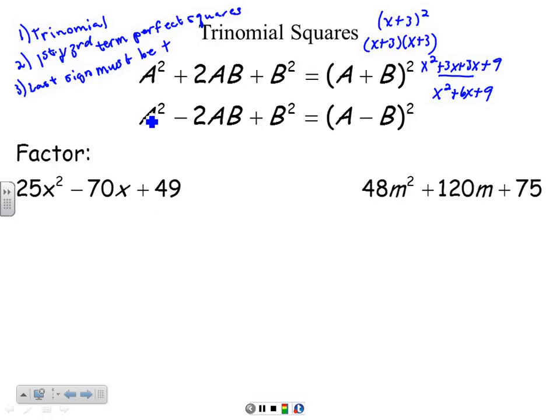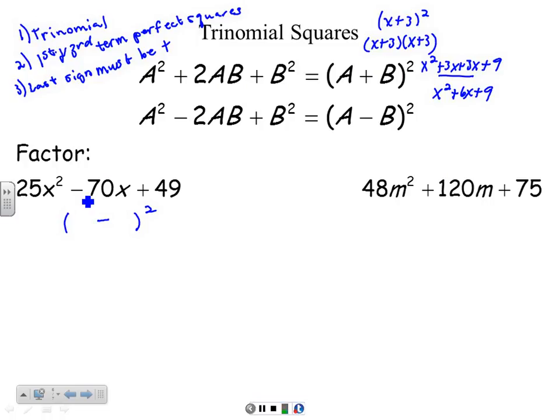What I always do is open up a set of parentheses and square it, because a perfect square trinomial will always factor into a binomial squared. You need to remember that. We're going to use that in chapter 6 a lot. So I open up a set of parentheses which represents my binomial and I square it. Then what you're going to do is match that first sign.